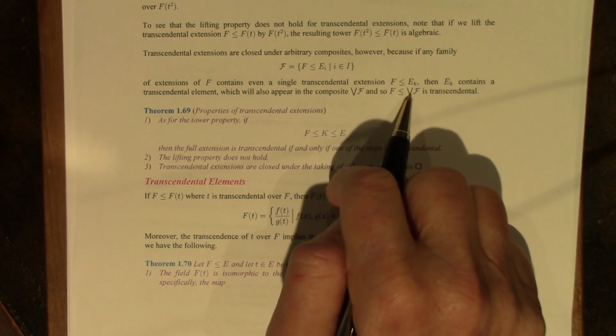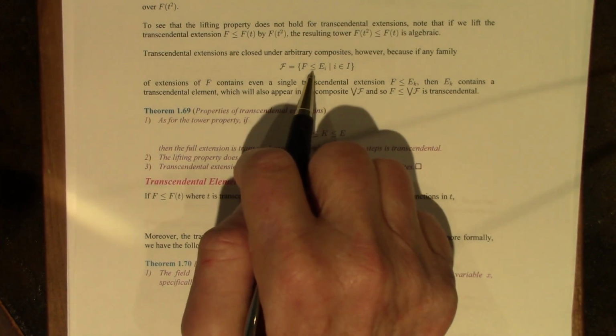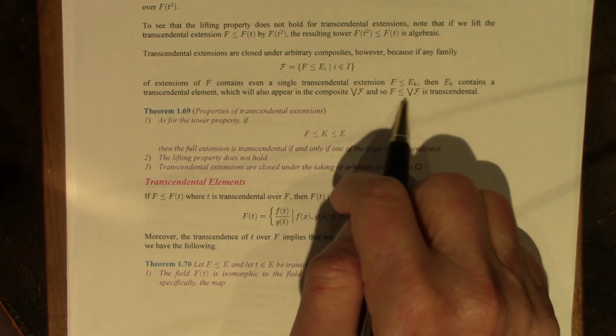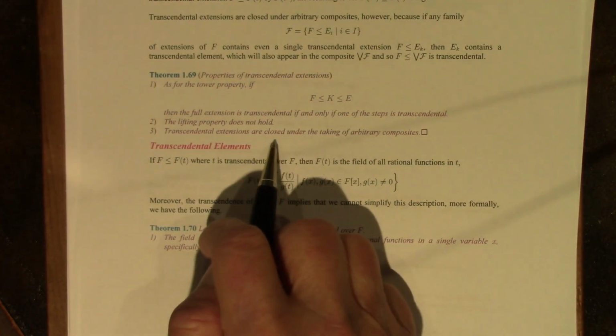So that's even a stronger form of closure under composites. All it takes is a single transcendental extension in the family to make this extension transcendental. So here is a summary of those facts.